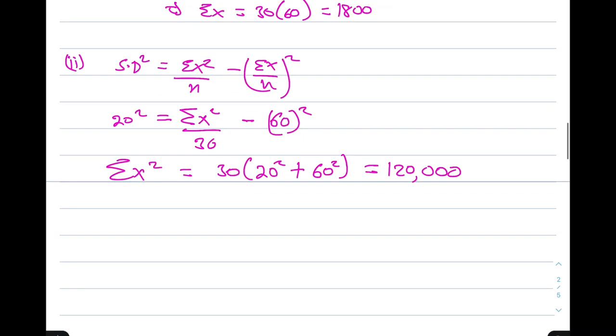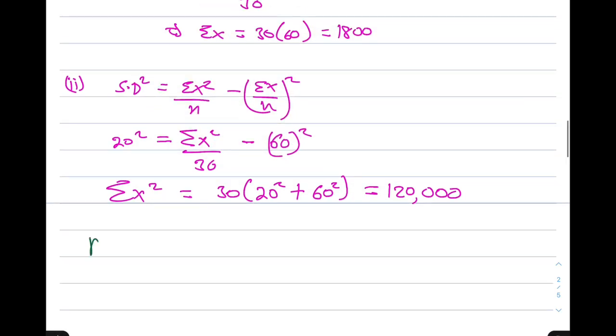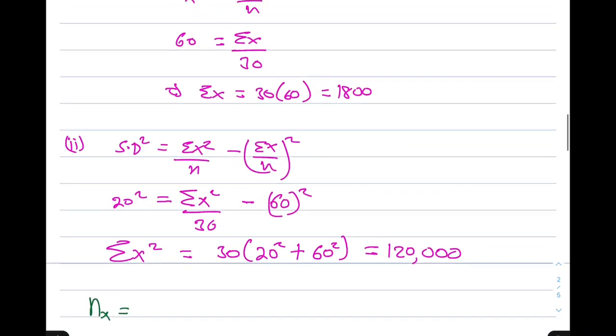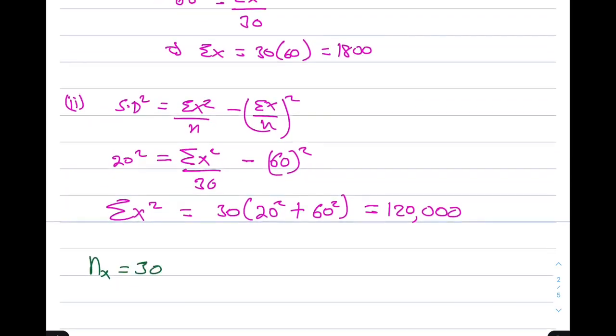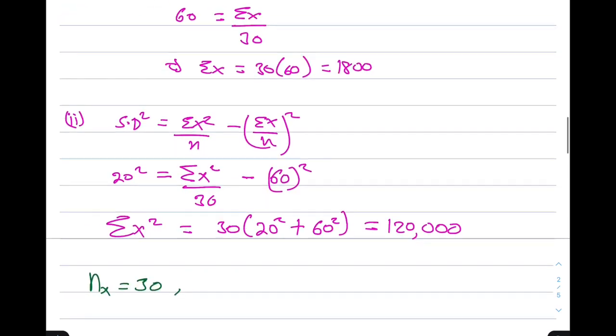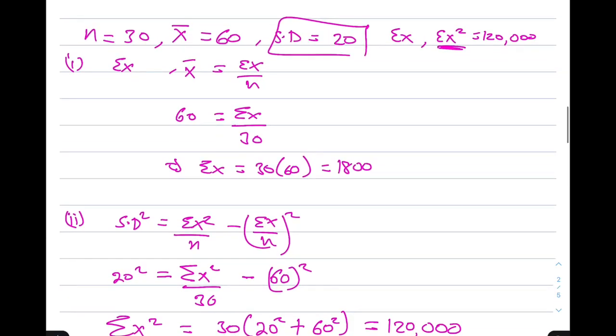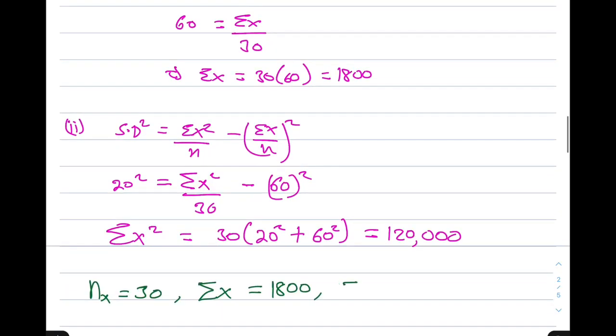From our previous solution, we saw that nx was the number of boys, those who are the first 30 students. Then we know that the mean, that's the sum of x, we solved it, we got 1,800. Then finally, the sum of x squared was given as this.